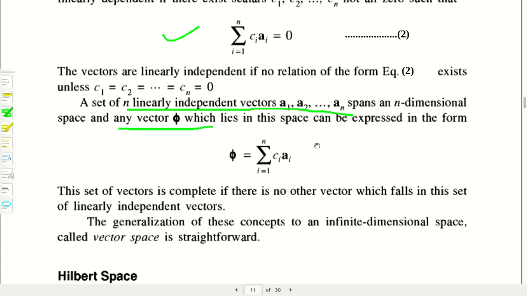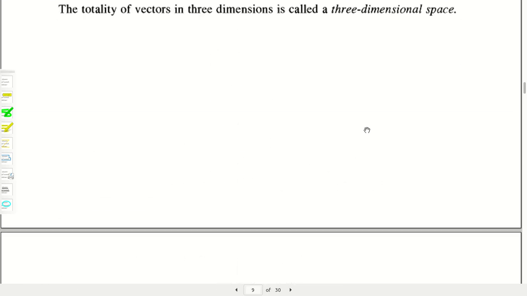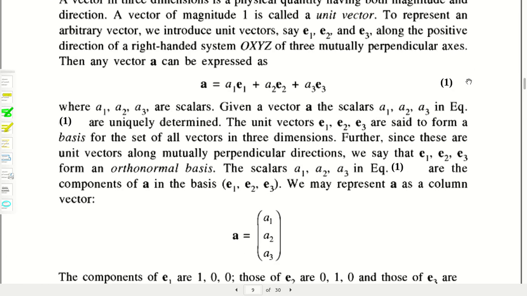That is, any vector can be constructed using these vectors. What is the example of that? The example is e1, e2, e3, the unit vectors. See, it is written over here, equation number 1. Here you can see any vector a can be written as a superposition of 3 unit vectors with different coefficients a1, a2, a3.